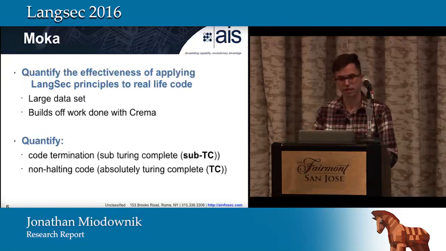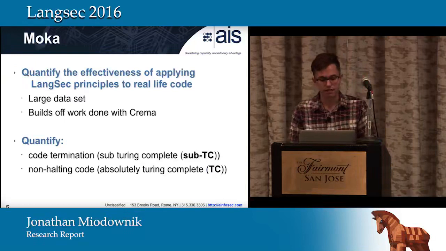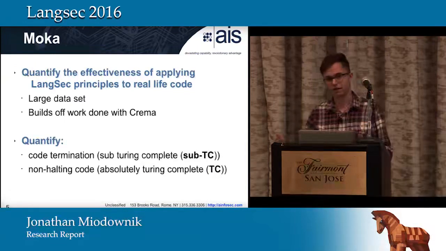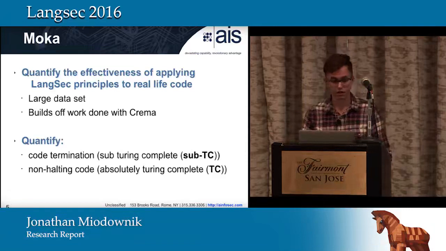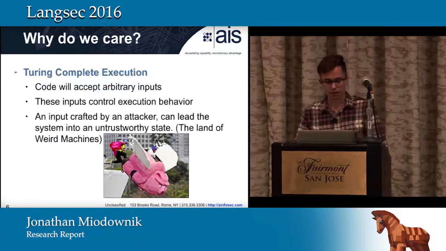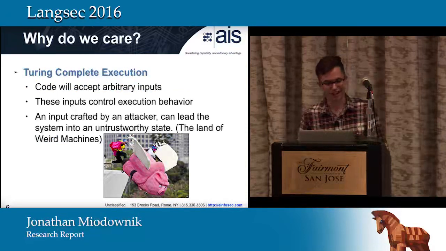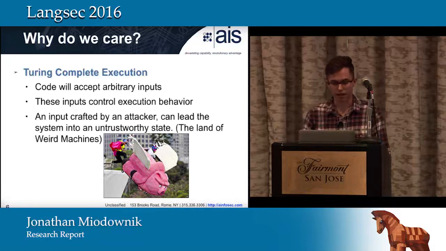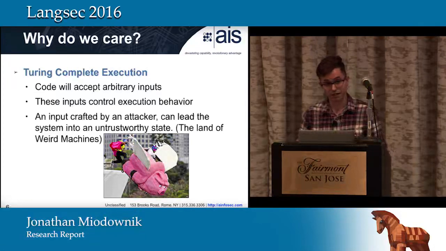We're trying to look at large data sets and, based on what we're seeing, classify certain code portions as either fully Turing complete or sub-Turing complete, or somewhere in between, we don't know. So I probably have to apologize for this. If you guys know this already, bear with me. But why do we care about whether or not something's Turing complete? Well, Turing complete code can accept arbitrary inputs. Inputs govern program execution behavior.